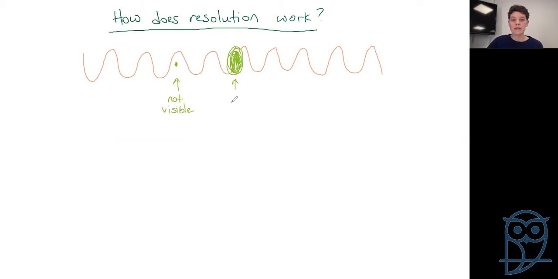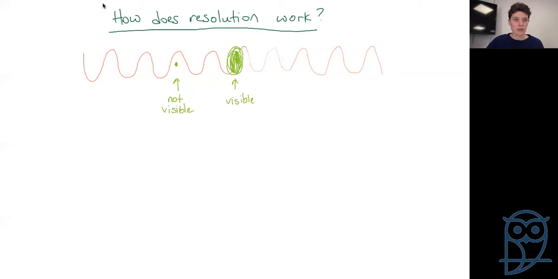This one is visible. Because resolution is all about that interruption of the wavelength. So we'd make this one visible and then we wouldn't have the wave continuing afterwards.